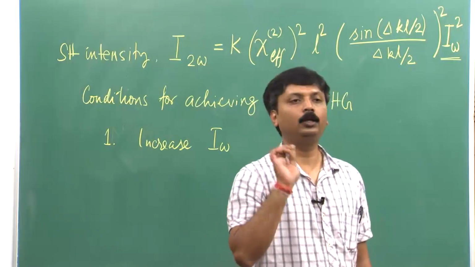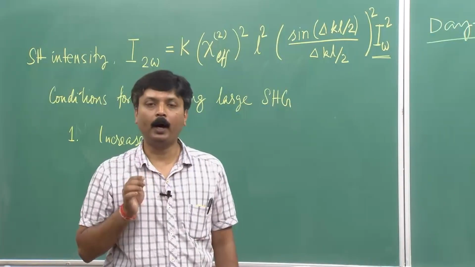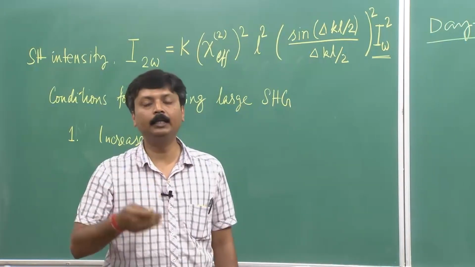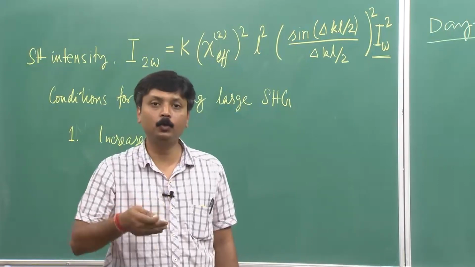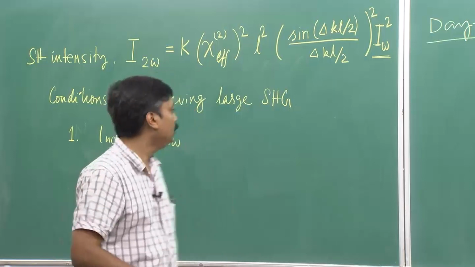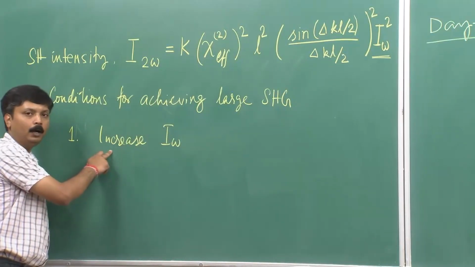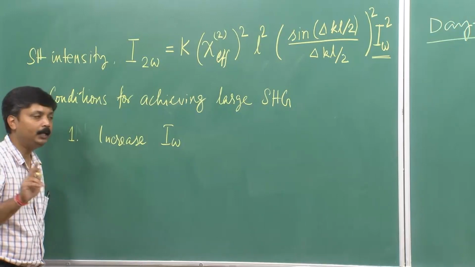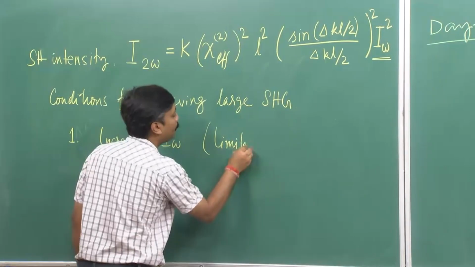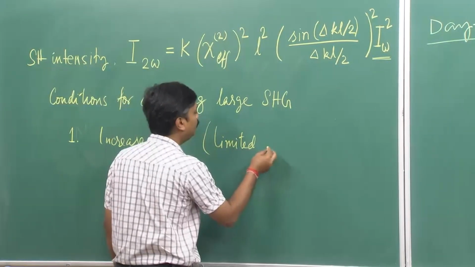I cannot continue increasing the fundamental laser power. Why? Because this laser beam is intense, and if I increase its intensity too much, it can actually damage the material. So, this increase will certainly increase the SH power, but up to a certain limit. I cannot go on increasing the incident power infinitely.